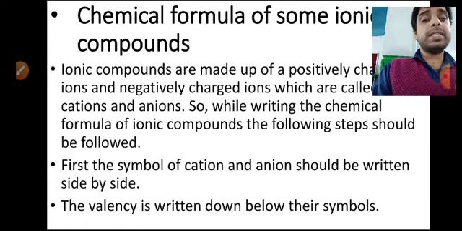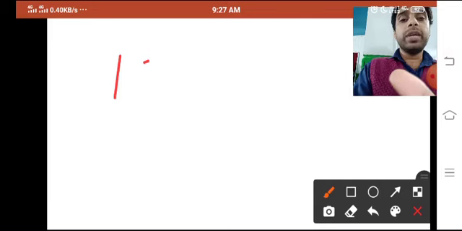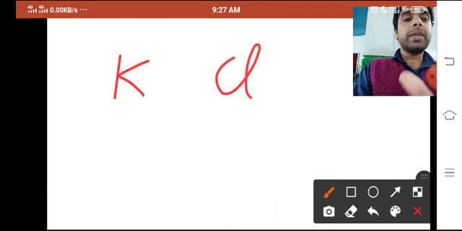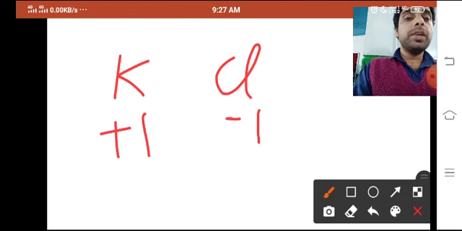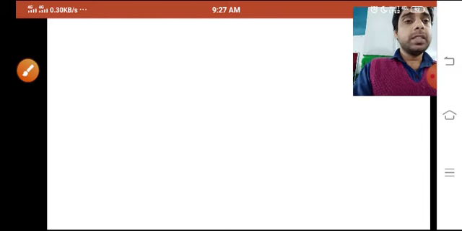You write K and Cl, and below them the valency of potassium and chlorine. Potassium's valency is +1 and chlorine's valency is -1. Till here, K and Cl, you should note down.